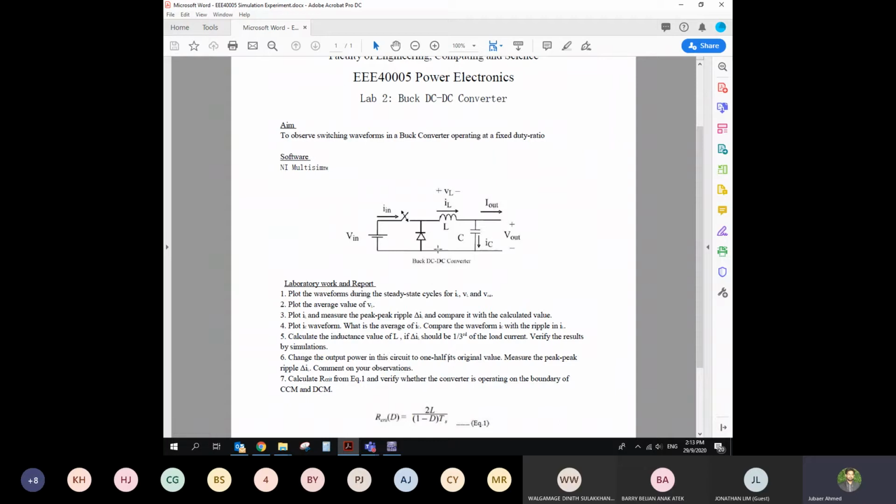Continuous current mode is when the inductor or the capacitor current stays on either positive or negative, whichever it is, it will stay on the same side. It will not cross the boundary and never touch zero. But in discontinuous current mode, you'll find that the current of the inductor will go down to zero occasionally and come back again.